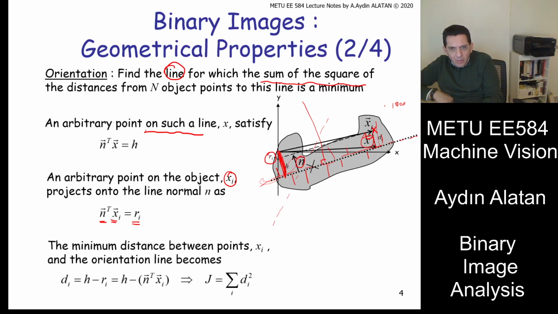Therefore, this normal vector and that xi with this normal vector is giving you this ri, okay. Therefore, that part is ri. The whole thing is h. If you subtract ri from h, you will obtain nothing but this distance, and that distance is equal to di.